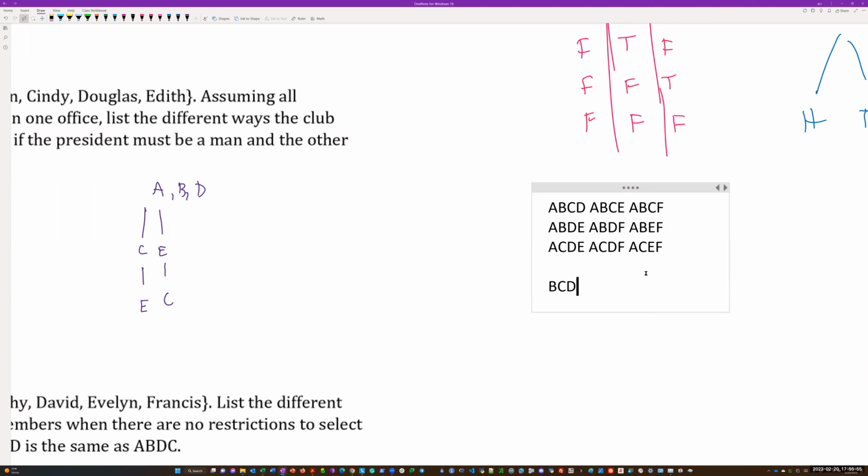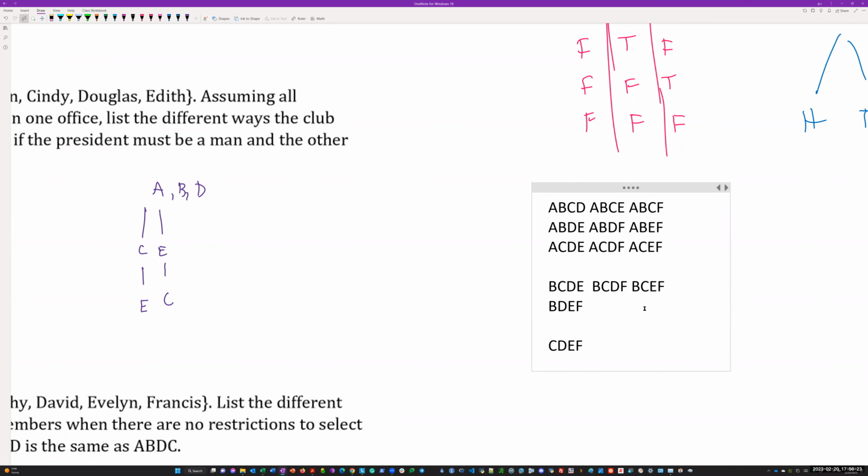Then it's BCDE, BCDF, BCEF. Then we could do nothing else with BC starting. So then it could be BDEF, and then that's it. We can't do anything with B. Does that make sense? Then I guess we could do CDEF. And then I think I'm done.